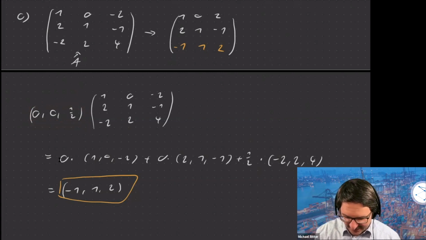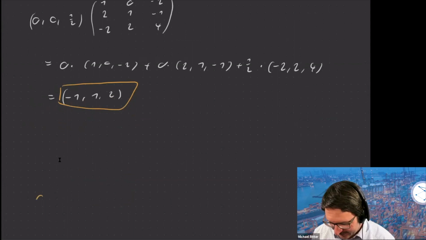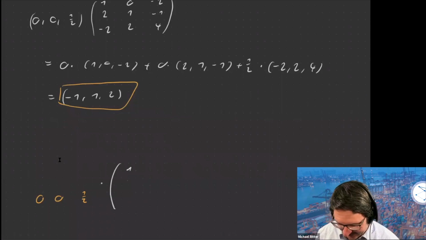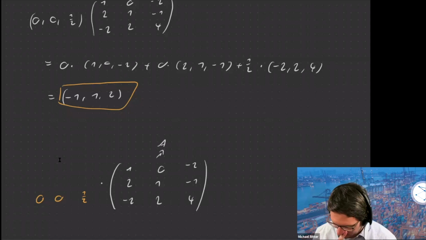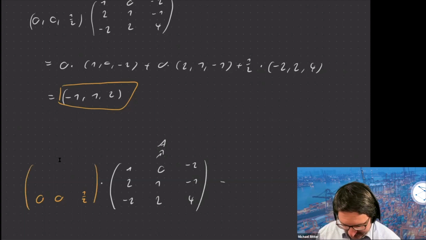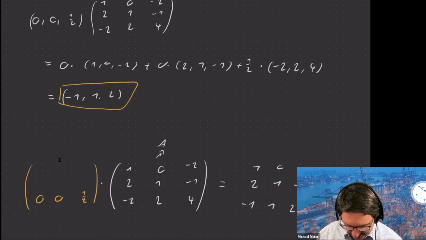So let's do just that, and do something like 0, 0, 1 over 2 on the left, times the matrix A. Right, so this is A here. And again, I want the result to be, well, the last row, I got that one right already. And the other 2 rows, I just want to copy those. So I want those to be 2, 1, minus 1, and 1, 0, minus 2.